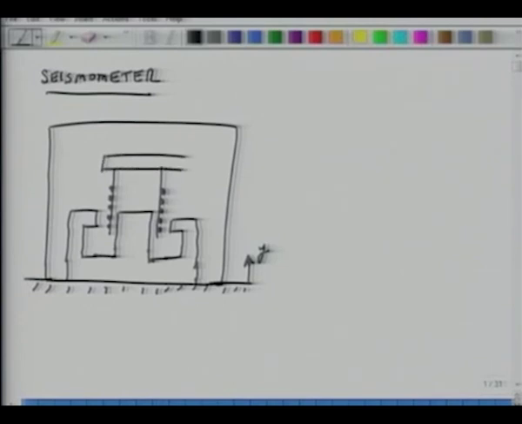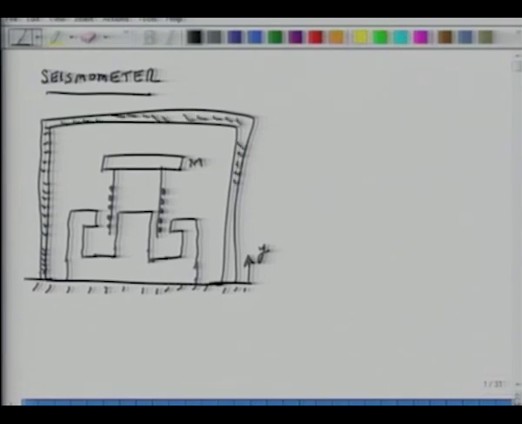This coil is connected to a mass, let's call it M. And the mass is connected to the outside frame by a spring of stiffness S, and we could also have some damping, and let's call this damping coefficient R, or resistance.